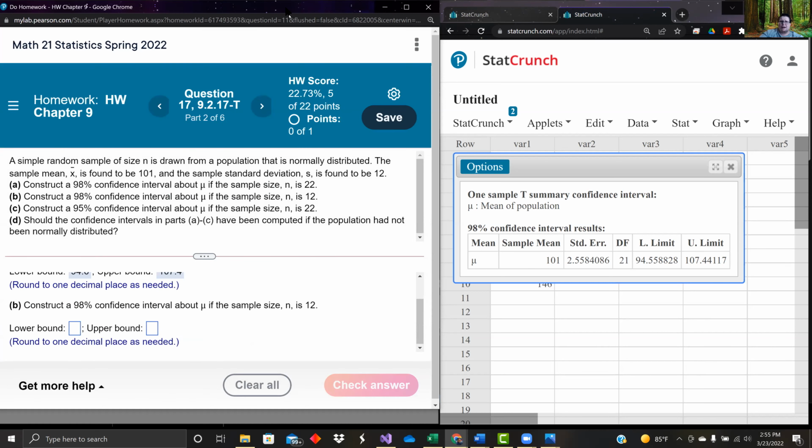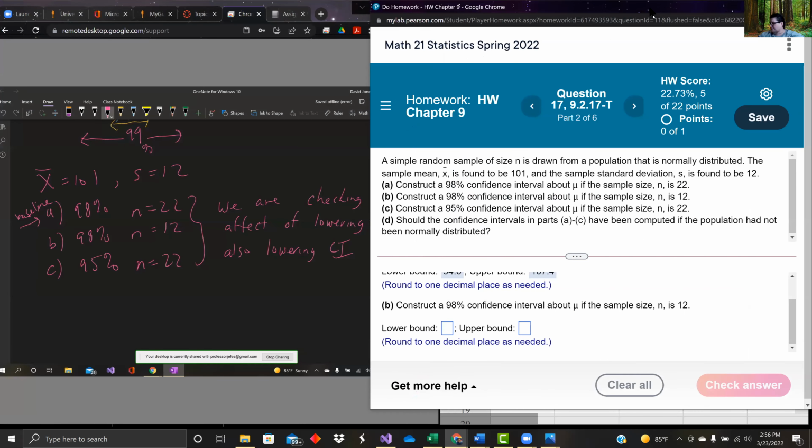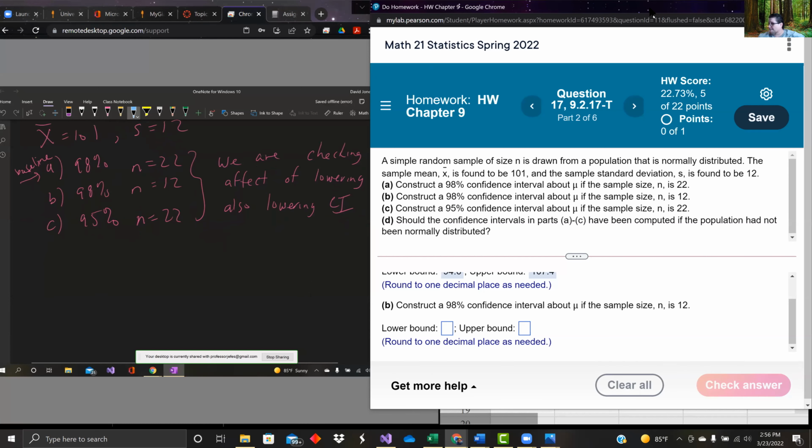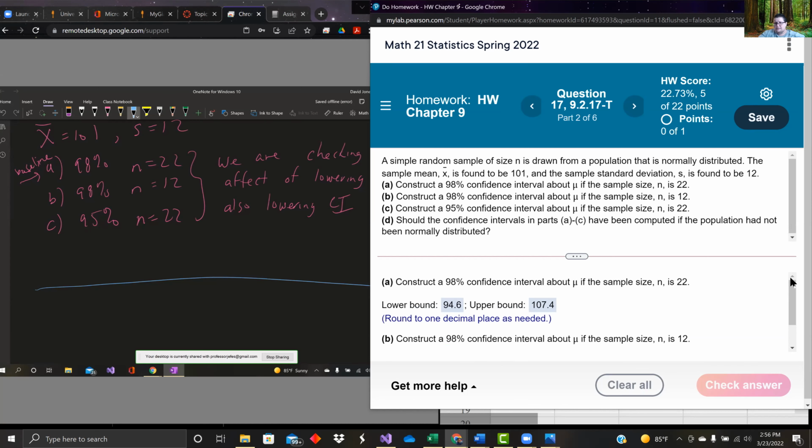All right, so I'm going to graph that on my number line. I'm going to make a little number line here because we're going to see how A, B, and C compare. And I've got my center is here. I'll give some room for some movement. 94.6 is over here. 107.4 is over there.